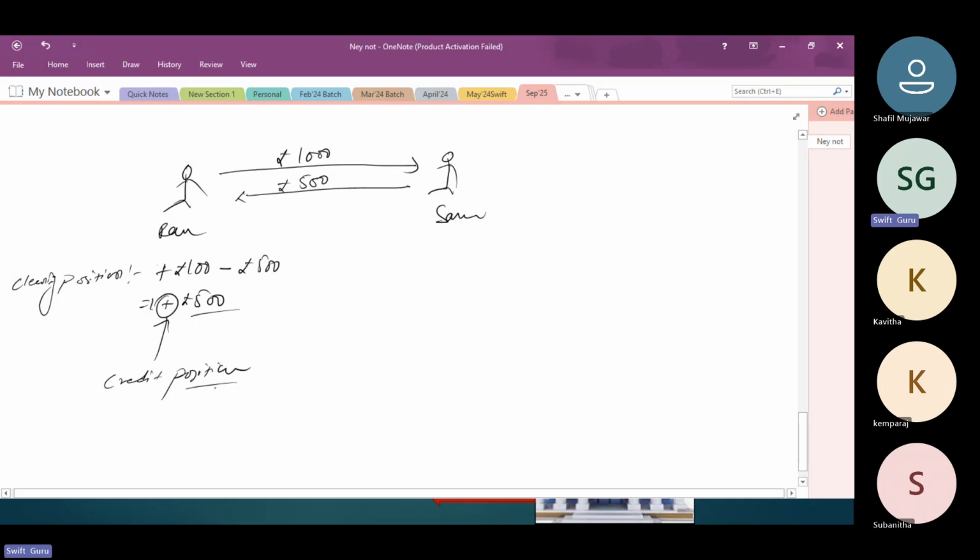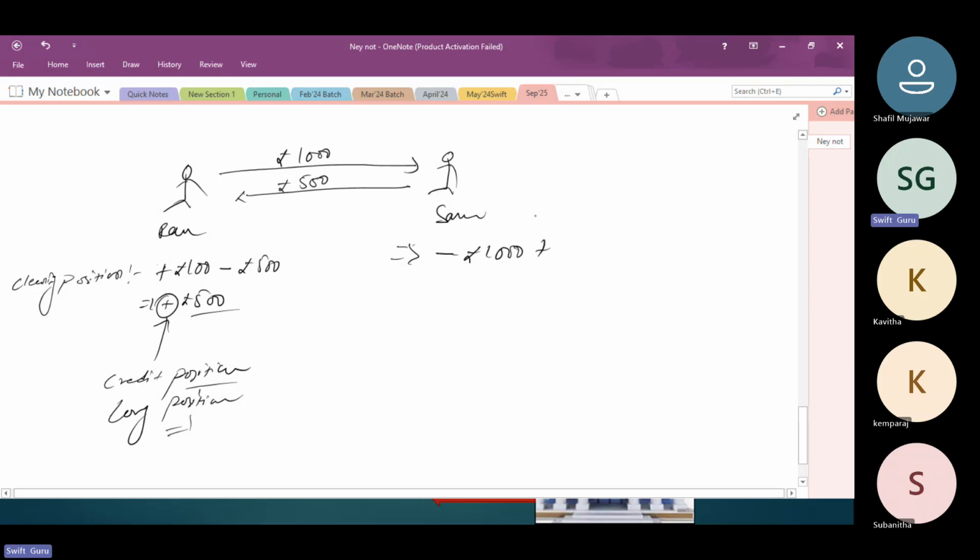In clearing language, they call it a long position also. Whenever the clearing sum comes out positive, it is called a long position or a credit position. Now, from Sam's point of view, first of all, they had taken 1,000, so minus rupees 1,000.